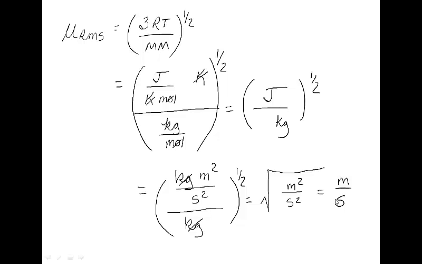What, Mrs. G? Are you out of your mind? No, what I want you to realize is velocity is units of meters per second. That's why the mass has to be in kilograms per mole and not grams per mole, because all this cancels out, so that your bottom line is when you calculate root mean square velocity, you get meters per second.